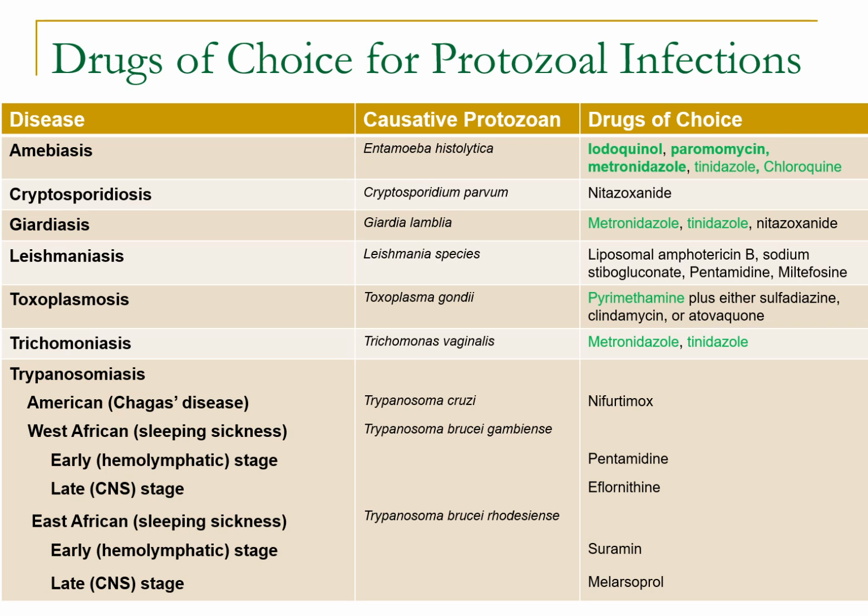Actually, we already talked about chloroquine, we already talked about pyrimethamine, and the drugs that we will talk about in the coming slides are iodoquinol, paromomycin, metronidazole. I'll not talk about tinidazole, but it's very similar to metronidazole.